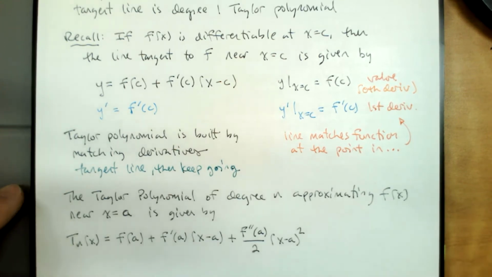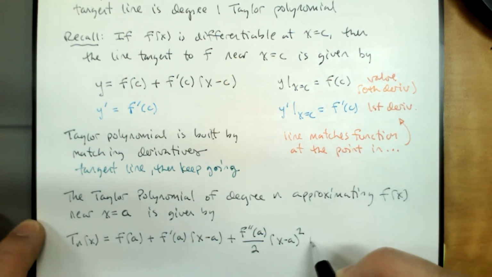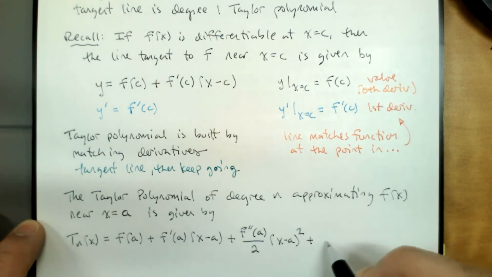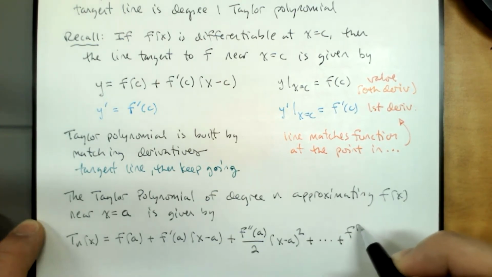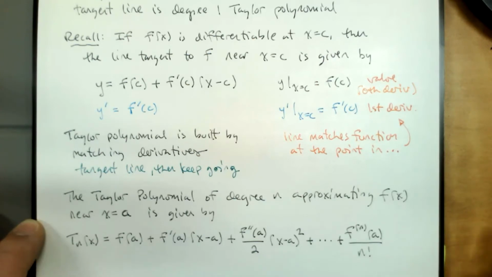Here's why we have to divide by 2. In general, the term looks like the nth derivative evaluated at the point divided by n factorial.